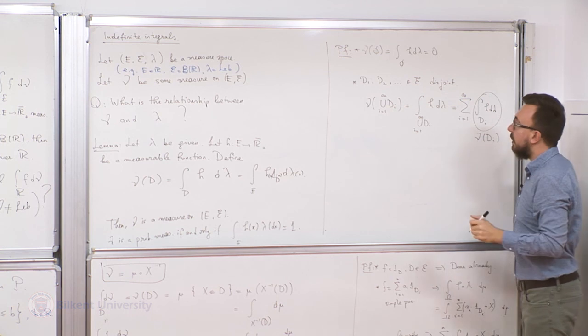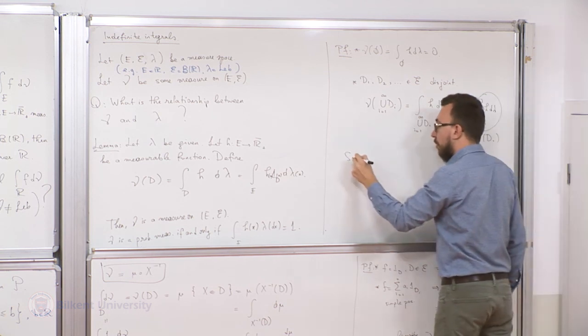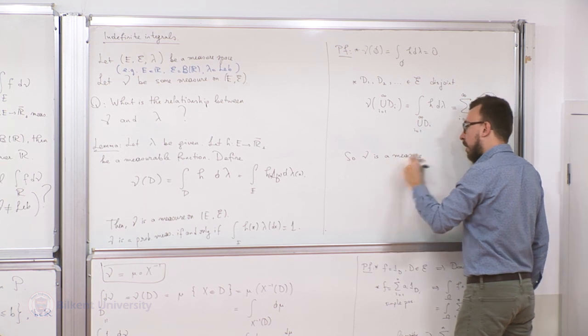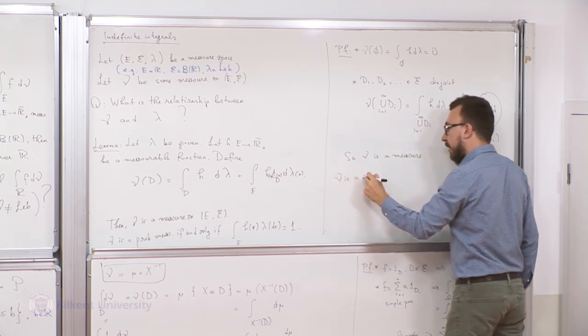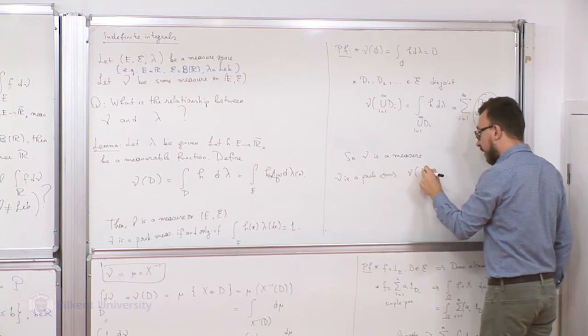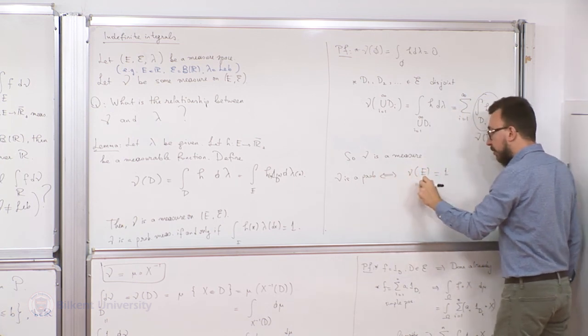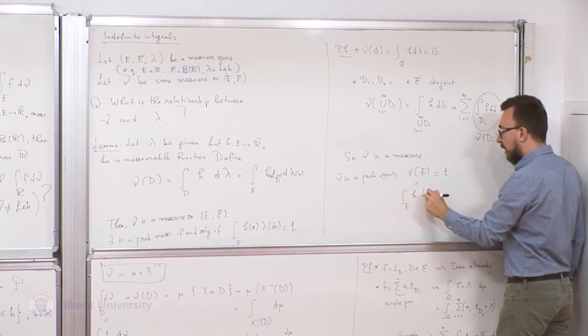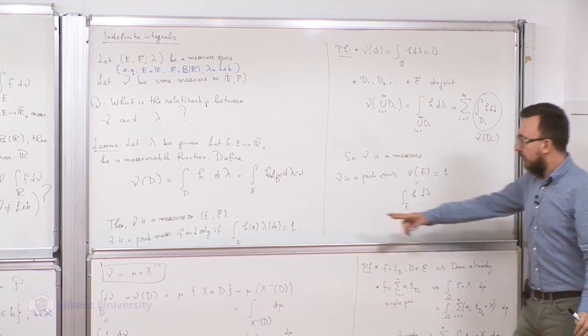Therefore, we have countable additivity. So nu is a measure. And nu is a probability if and only if nu of E is 1. But what is nu of E? Nu of E is just the integral of h d lambda over the whole space, just this condition.